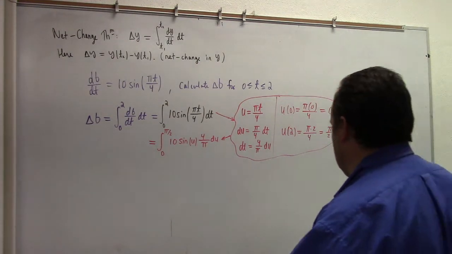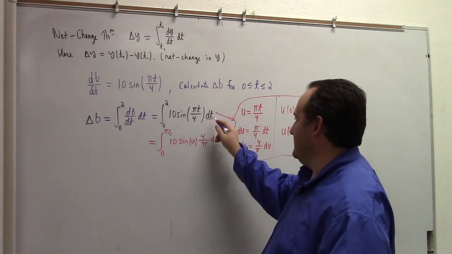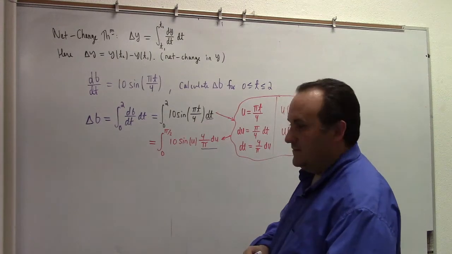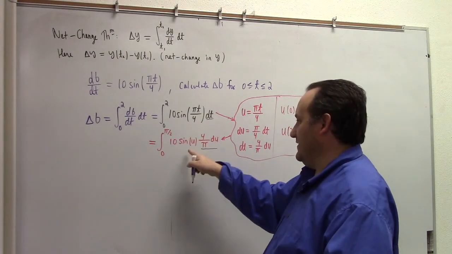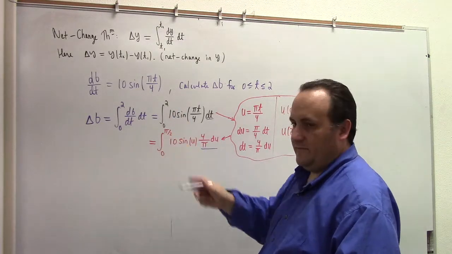See what I did? This dt becomes these two guys. 10 is 10, the sine of u, and then of course 0 became 0 and 2 went to pi over 2.